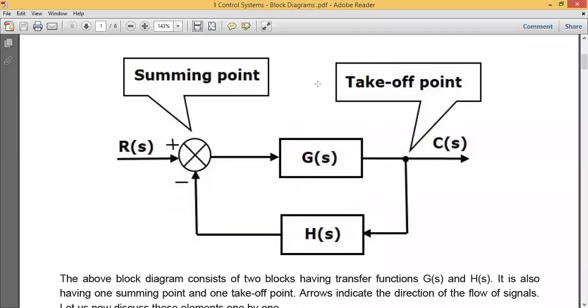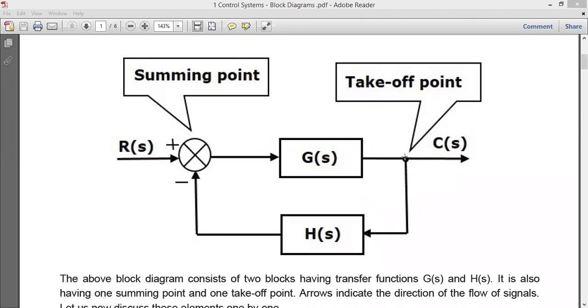If you look at this diagram, it has input R of S, C of S. We have summing point, takeoff point, transfer function blocks, and a feedback. Just look at this diagram.